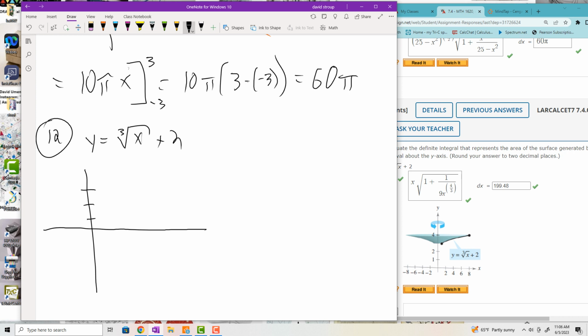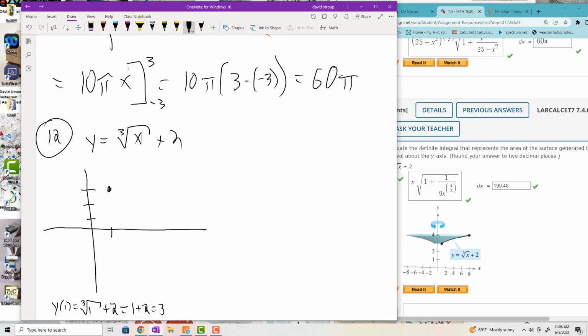The cube root of 1, yeah, so it's at 1, 3. So if you plug 1 in, y of 1 is equal to the cube root of 1 plus 2. So you kind of have to guess at which values the Riemann person is running across. So the cube root of 1 is 1, plus 2 is 3. So yeah, the output is 3.